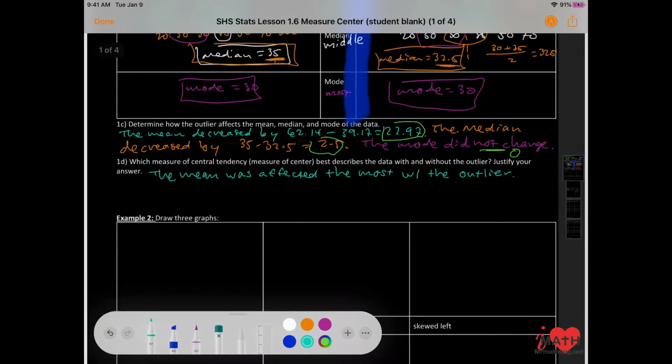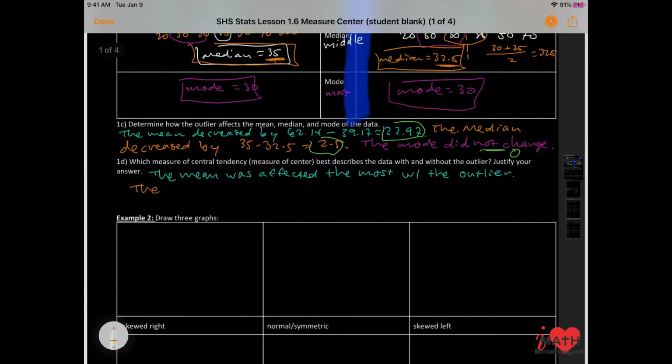Let's talk about the median in orange. So the median changed very little with and without the outlier.